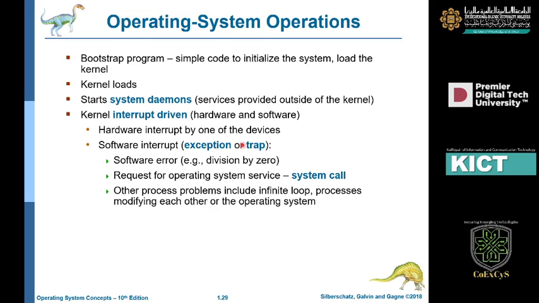Requests for operating system services come from what we call a system call, which allows the computer to do specific things. For example, whenever you want to read data from a file system, it will make a system call that issues a trap or exception to allow the program to access hardware-level information.